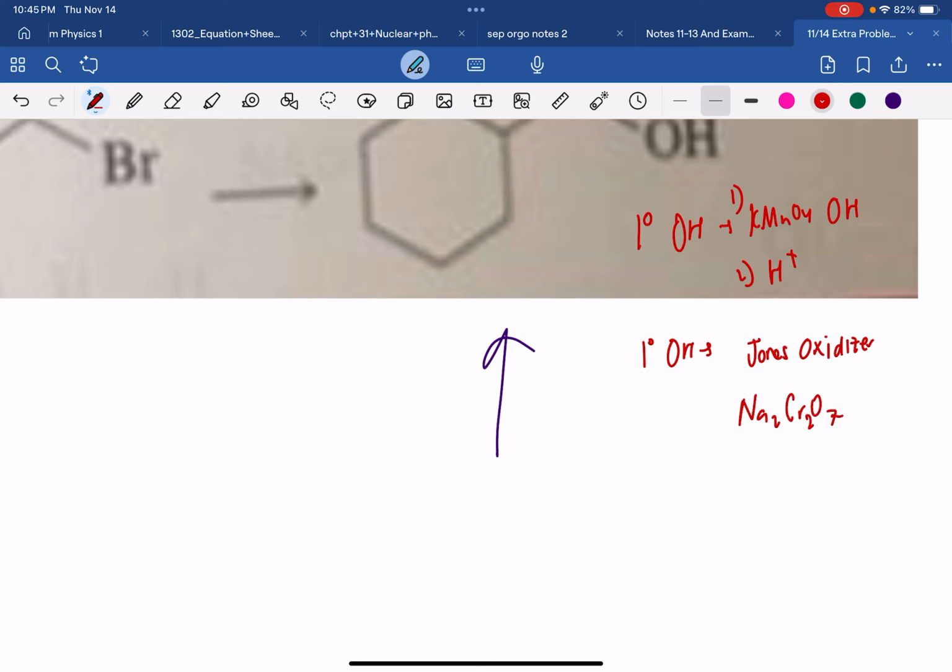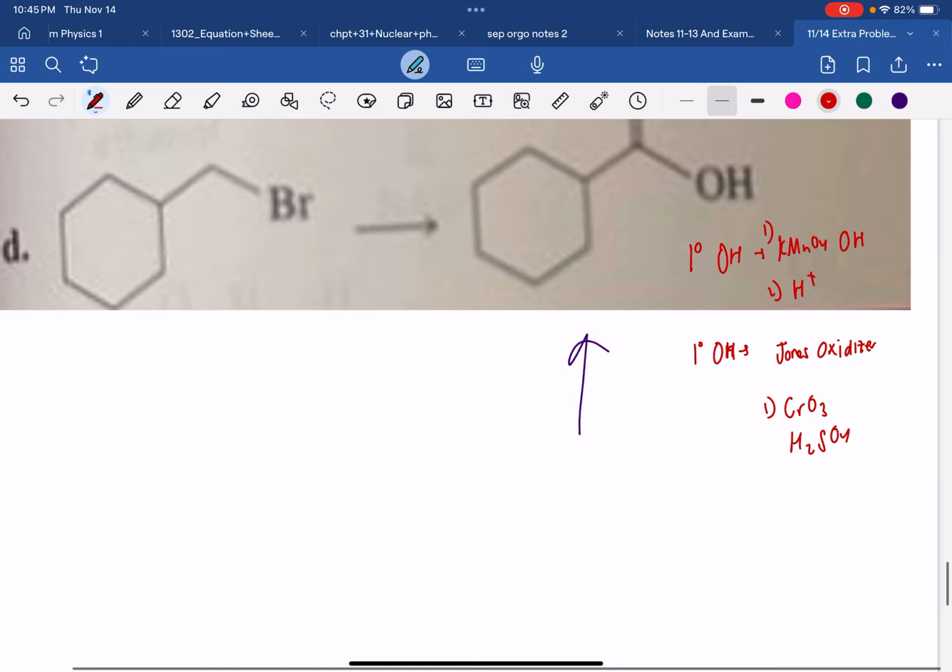Let me double check the Jones oxidation. I don't want to give you the wrong thing. Okay, actually, it's not the Na2 version. The Jones oxidizer is actually the normal version, CrO3 with H2SO4. So both of these reactions on a primary alcohol will give you carboxylic acids.